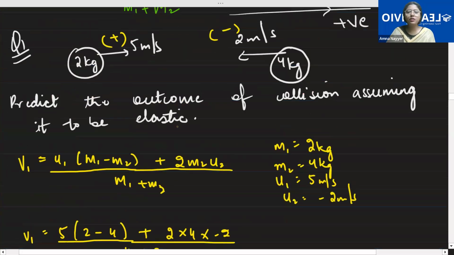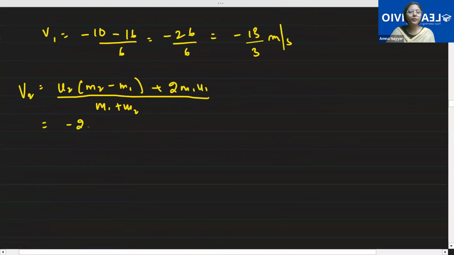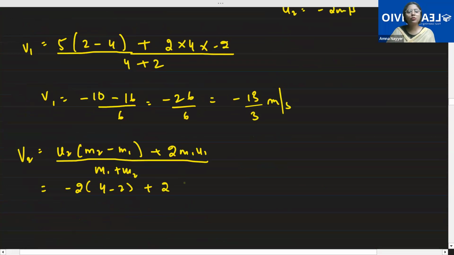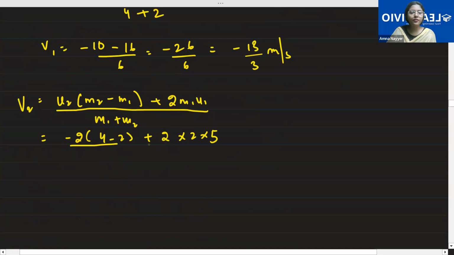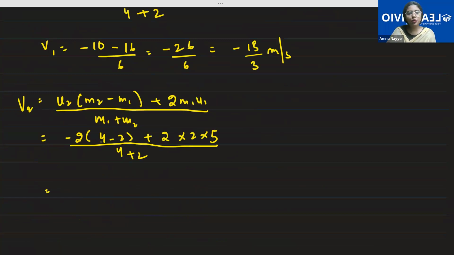U2 is minus 2, M2 minus M1 is 4 minus 2, plus 2 into M1 which is 2, U1 is 5, divided by 4 plus 2. This is 2 into 2, so minus 4, plus 20, that is 16 by 6, that is 8 by 3 meter per second.